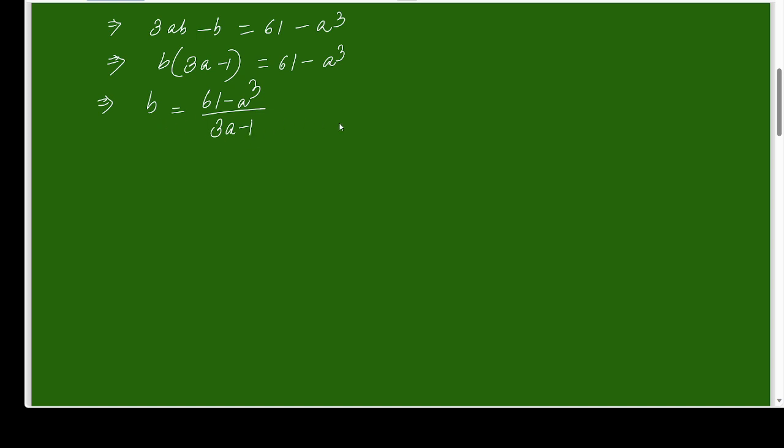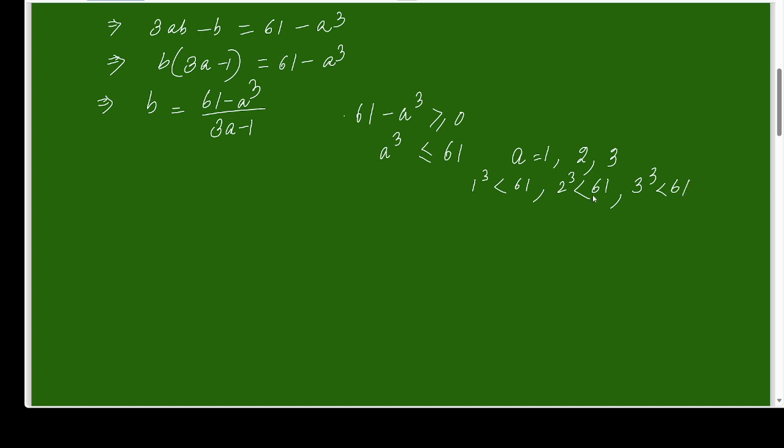Since b is positive, 61 minus a cube should be greater than or equal to 0, so a cube is less than 61. So what is the value of a? a may be 1, 2, 3. 1 cube, 2 cube, 3 cube are less than 61, but not 4 cube.